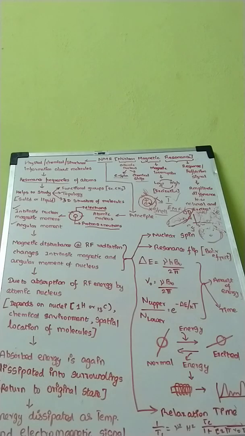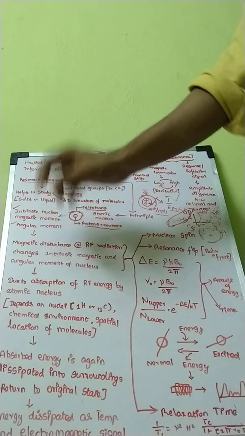Each and every nucleus has a proton surrounded by electrons, so they have their own magnetic property. Each and every thing in this world which contains electrons and protons in its atomic structure tends to have this core electromagnetic property. This is what we call the intrinsic nuclear magnetic moment.